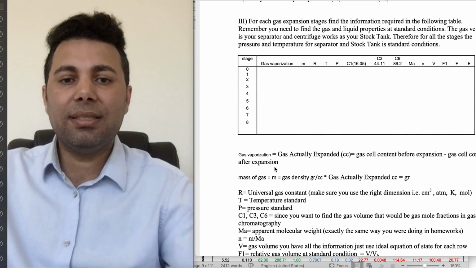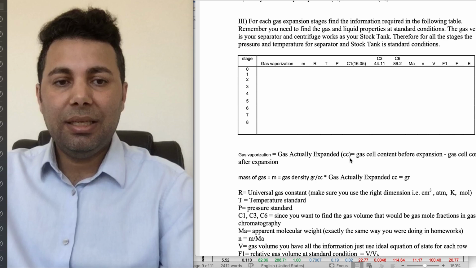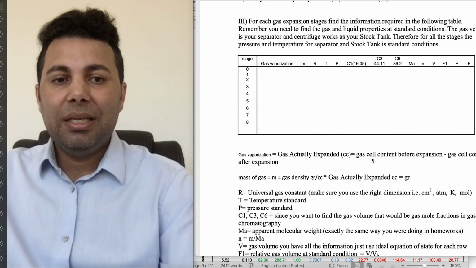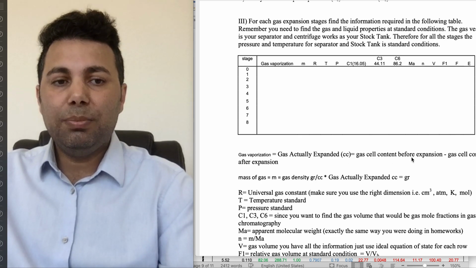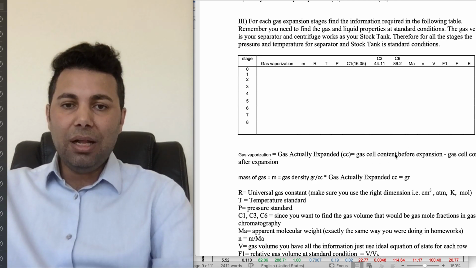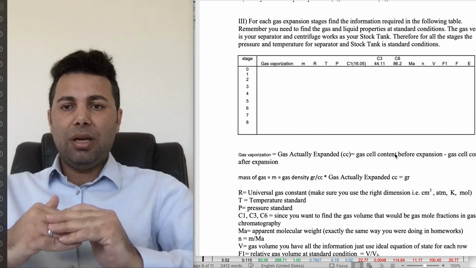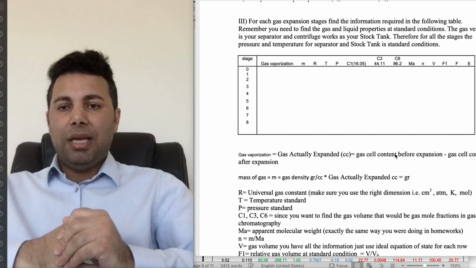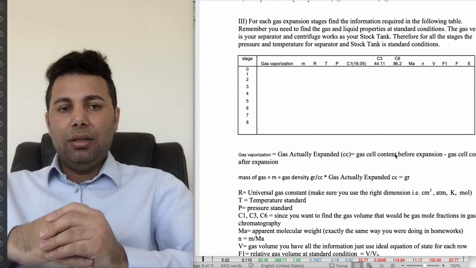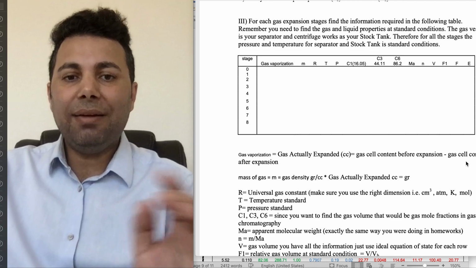So this gas vaporization, which is equal to the gas actually expanded, is equal to the gas cell content before expansion. So how much gas you initially had in your cell. Let's say you are at the bubble point pressure, you drop the pressure by 50 psi, and you get 1.568 cc's of gas in the cell. And then minus the gas cell after the expansion.